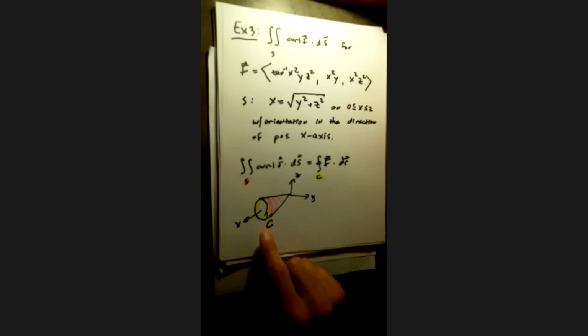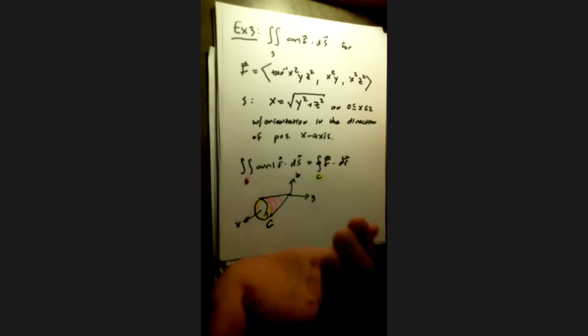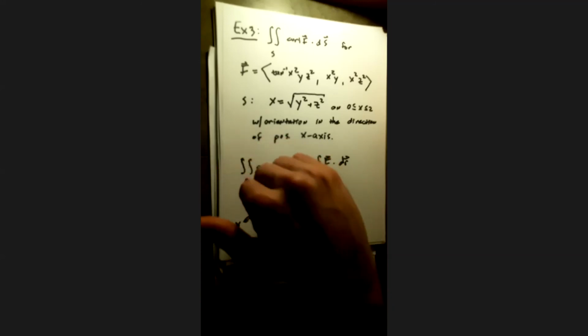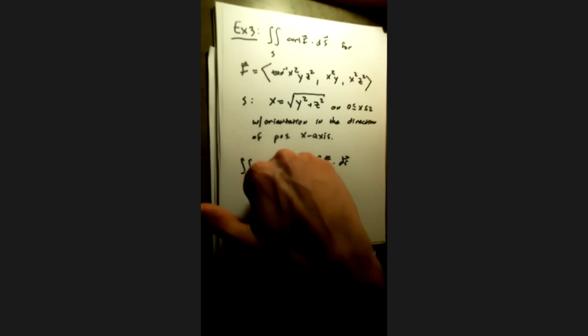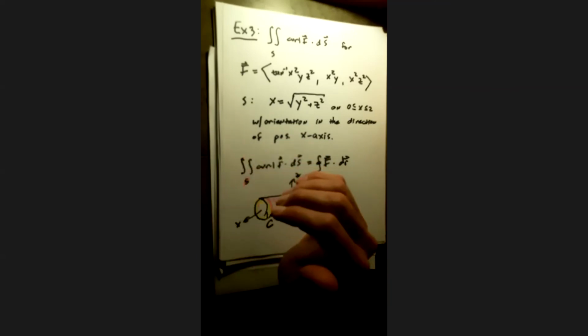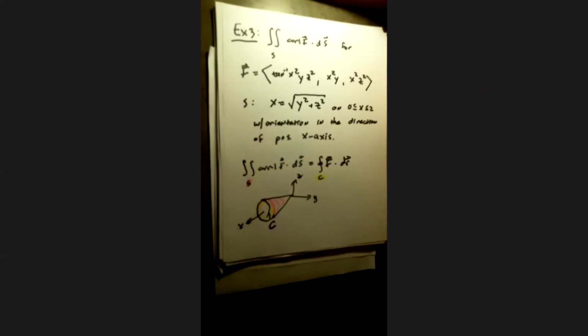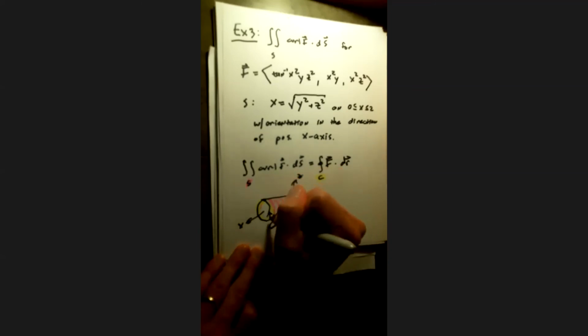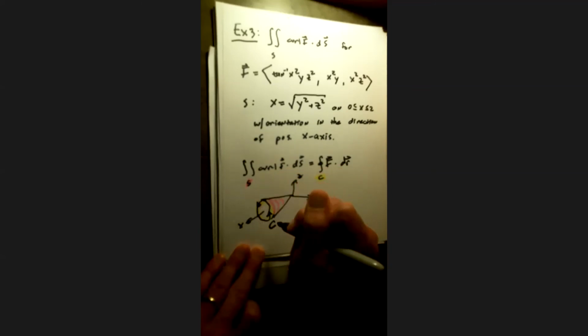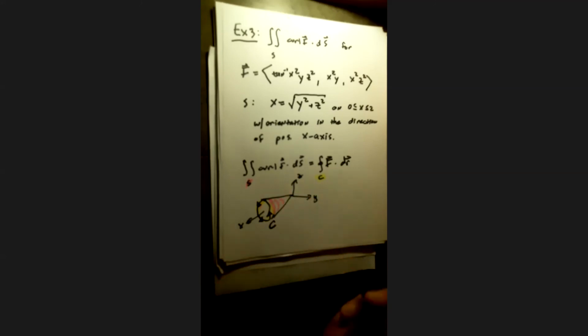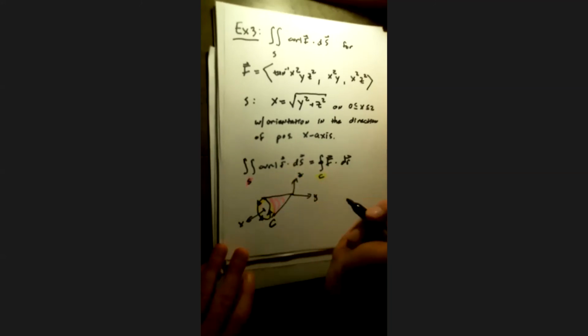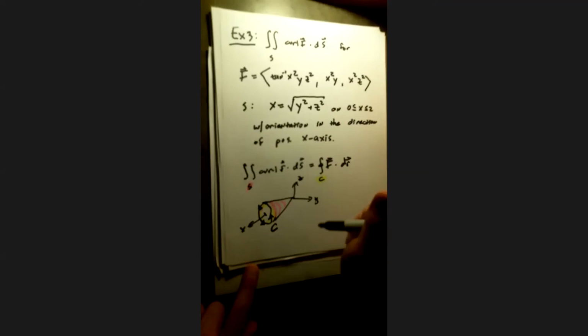Yes, the question said in the direction of the positive x-axis. And what will tell us that? We need to use the right hand rule? Exactly. I'm always afraid that I'll accidentally use my left hand when I'm using the right hand rule. But anyway, we're going to curve around this way. That will point in the direction of the positive x-axis. And so our curve right there will make sure we get the correct orientation.